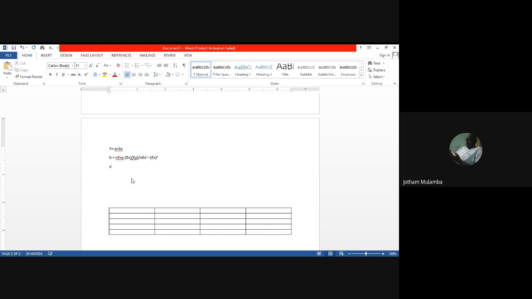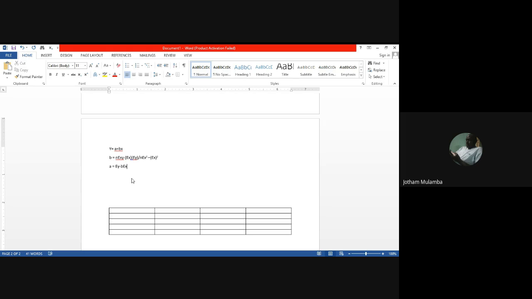Then A is equals summation y minus B summation x, and then we divide by n.